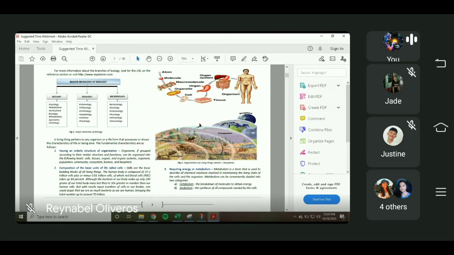Then anabolism naman is a synthesis of all compounds needed by the cell. Okay? So later on mas elaborate pa natin what are these catabolism and anabolism. Okay? And ano yung importance niya when it comes to the energy boosting of the cell. Okay? So let us proceed with the next page.